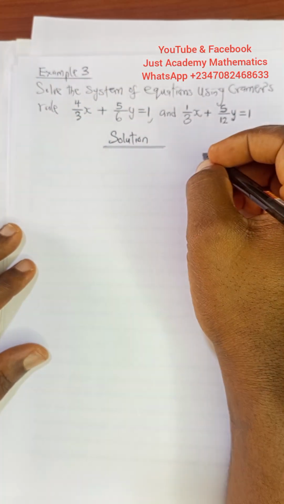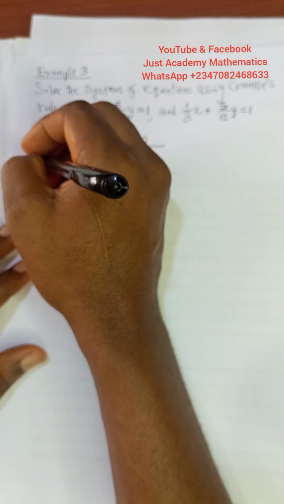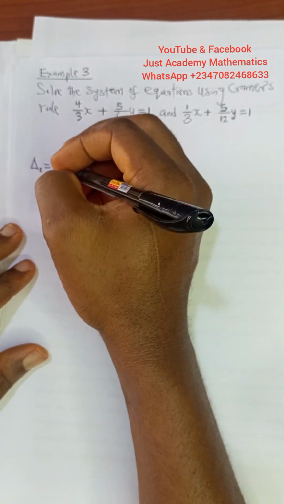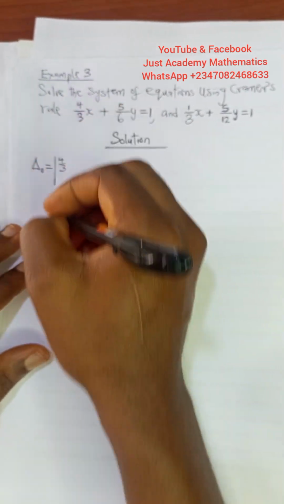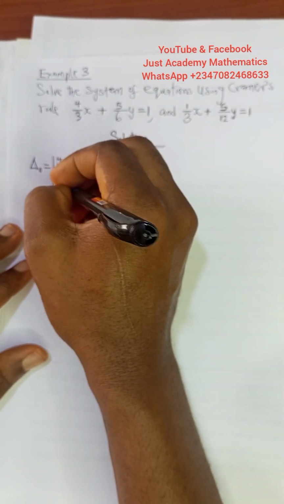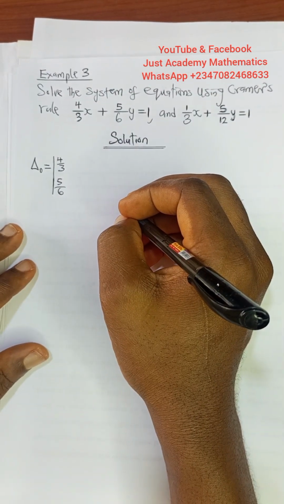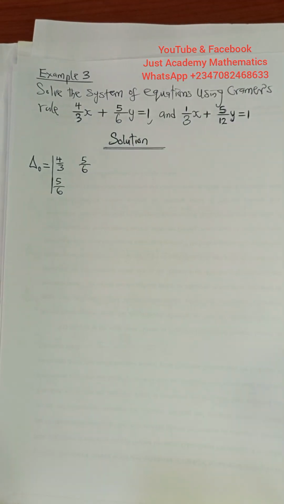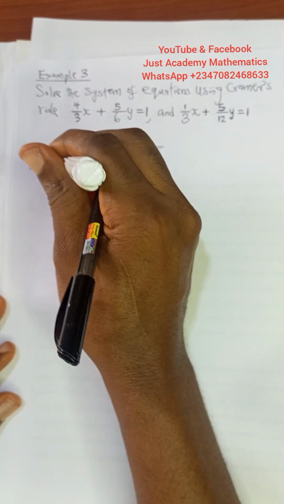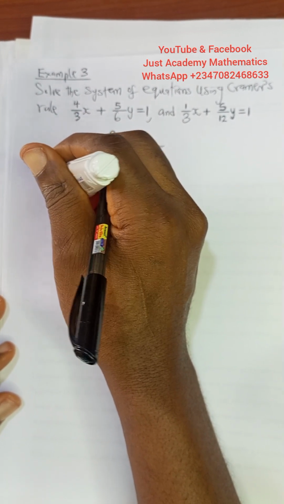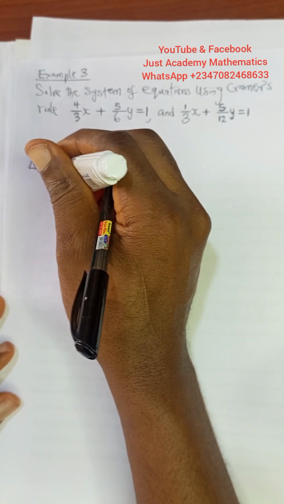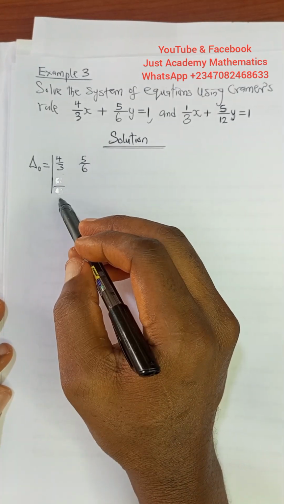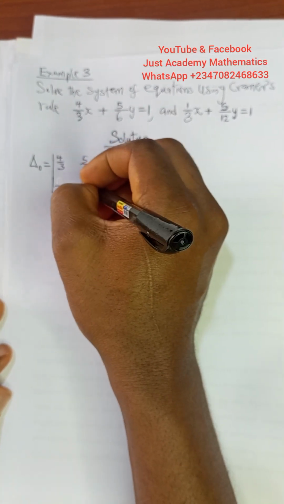So first, we go for change in 0. If you know what to do now, change in 0, of course, will be equal to the determinant of 4 over 3, 5 over 6, then 1 over 3 here, and 5 over 12 here.